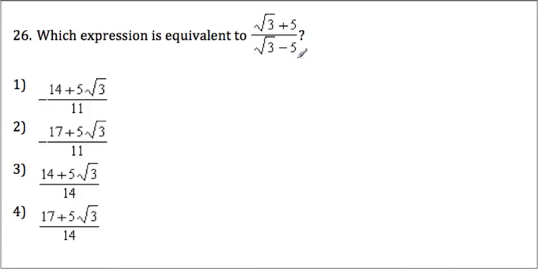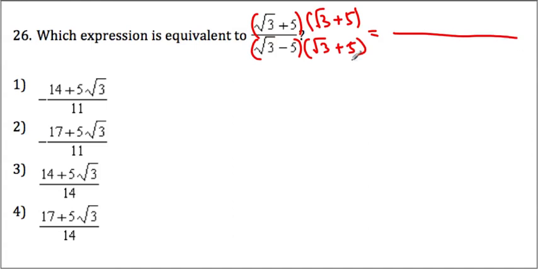Here, in order for you to rationalize the denominator, we have to multiply by its conjugate, meaning look at the denominator and multiply by its conjugate, meaning plus 5. So I'm going to do that, square root of 3 plus 5.